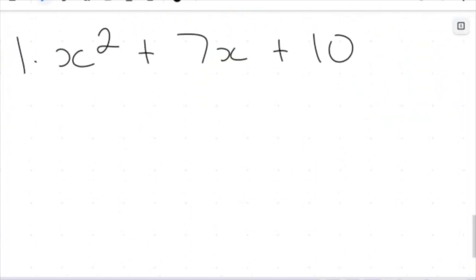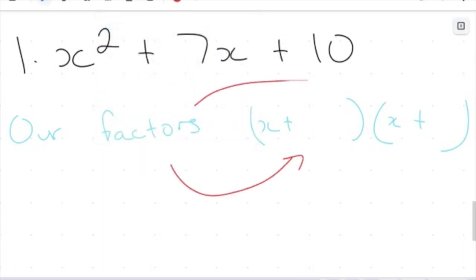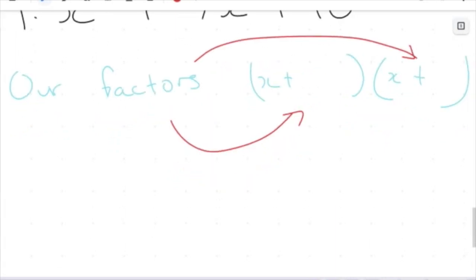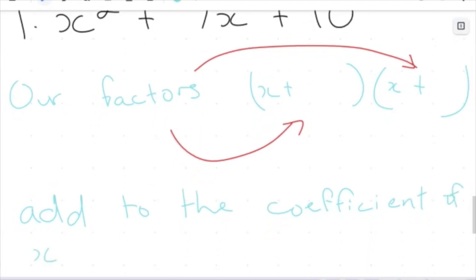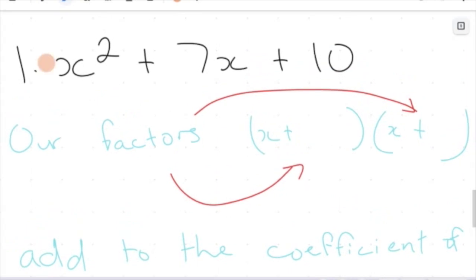Now, based on what we've observed, our factors, by that I mean these numbers here, these missing numbers we want to fill, those factors should, because of the pattern we observed all the way through, always add to the coefficient of x, in other words this b, so all of these were in the form ax squared plus bx plus c.